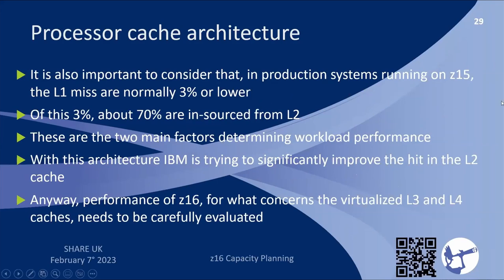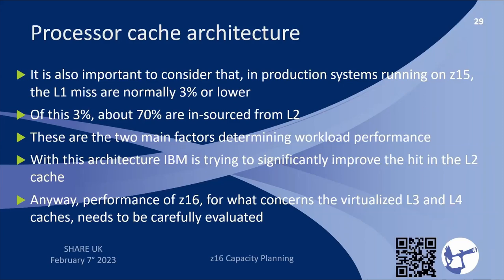Okay, let me read this slide with you. We said before that the level 1 misses that you find when you measure a production system, even on a Z15, are between 3 and 5%. Generally in production, they are close to 3%. And when you move forward, 70% of these 3% are insourced from level 2.